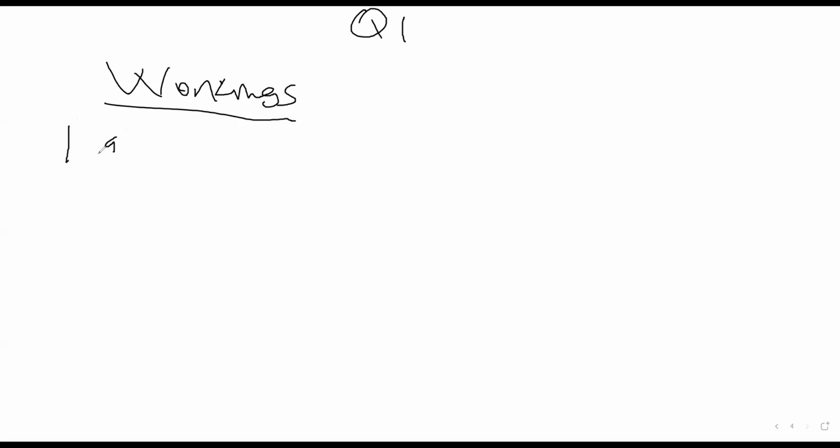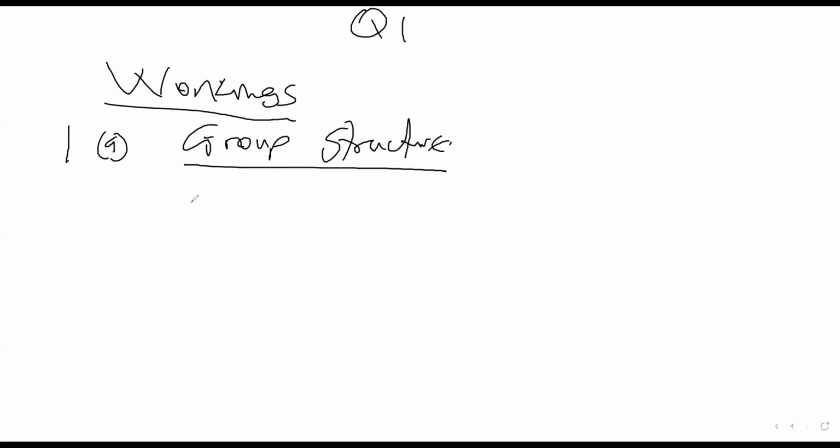Workings 1A, group structure. Write the parent name here. I know the parent is Accra. So go and read and get this done, and let me show you where you can get it.